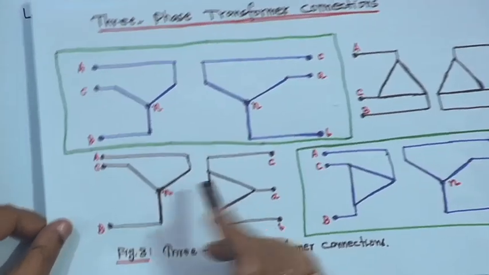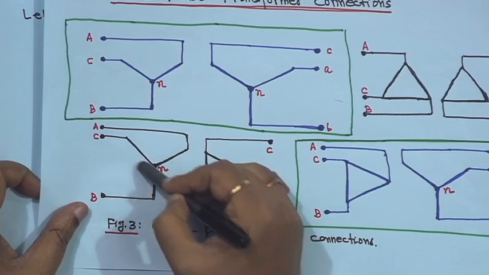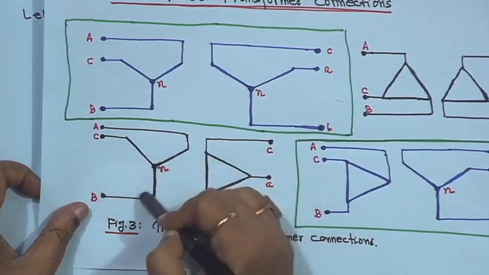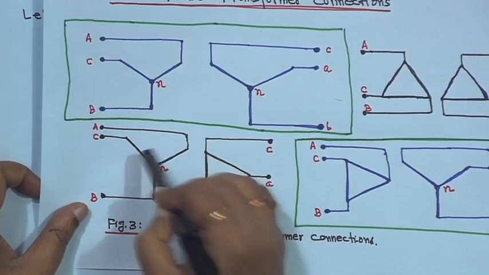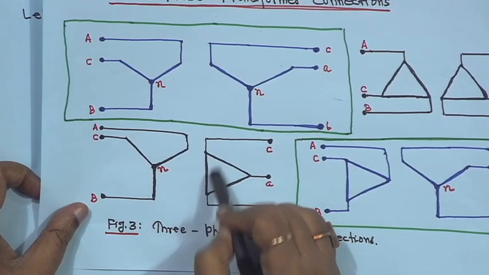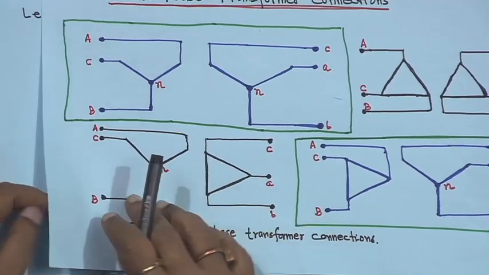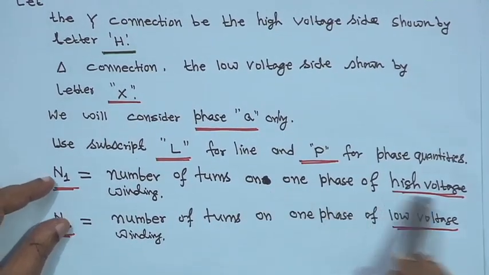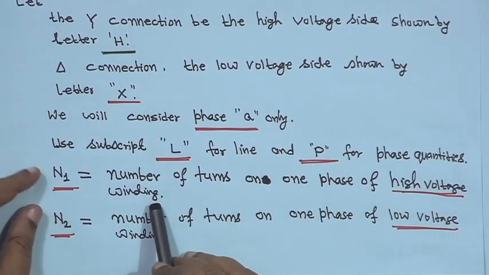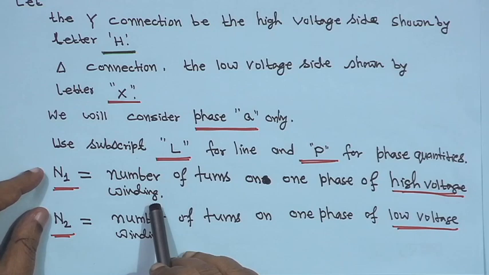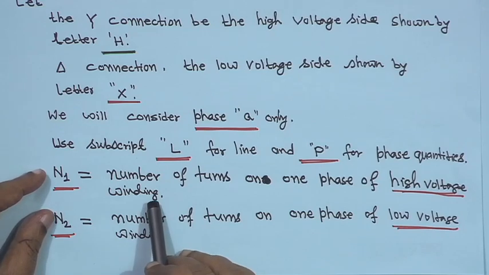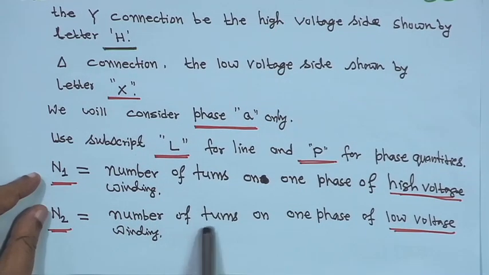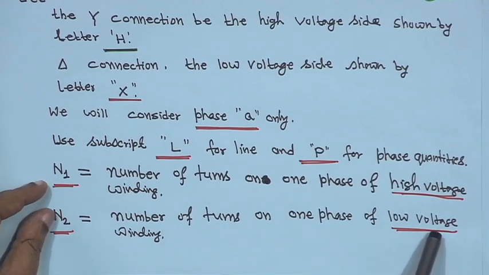Later we will show that on this side the number of turns is N1, and on the delta side the number of turns in each phase is N2. Therefore N1 is the number of turns on one phase of the high voltage winding, and N2 is the number of turns on one phase of the low voltage winding.